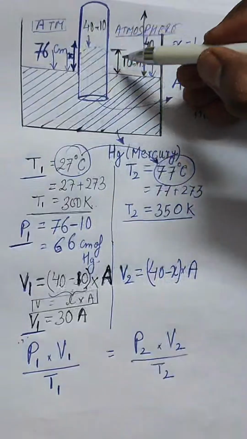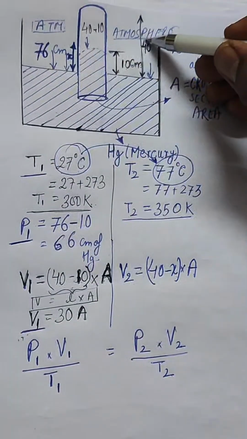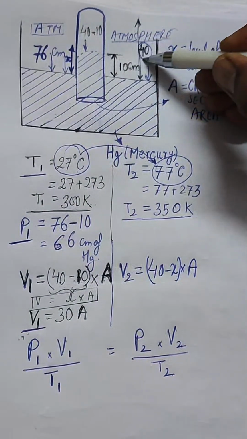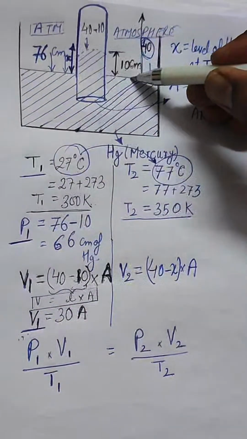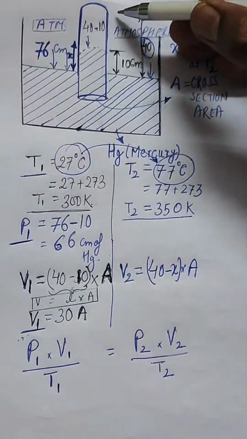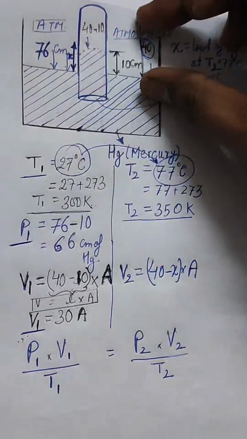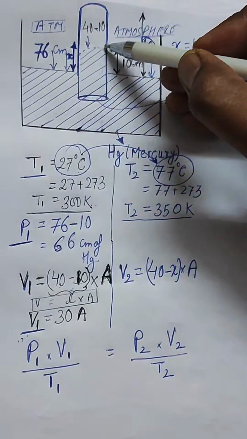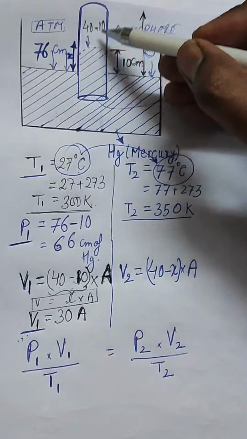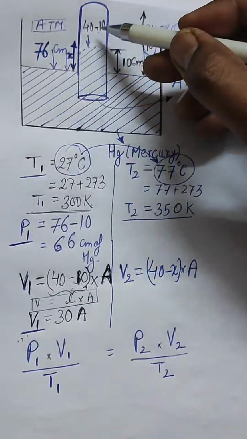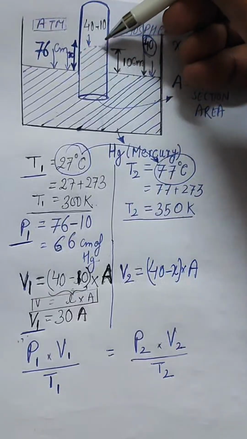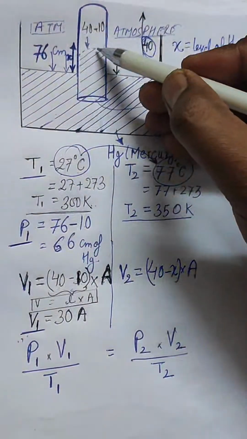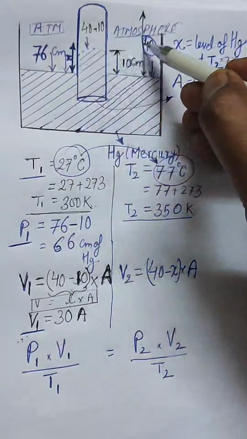This entire length is 40, from here to the top of the closed end of the test tube, right? This is 40 and this is x. So the layer of air inside the test tube, which will be creating pressure on this mercury level, is 40 minus x, isn't it?